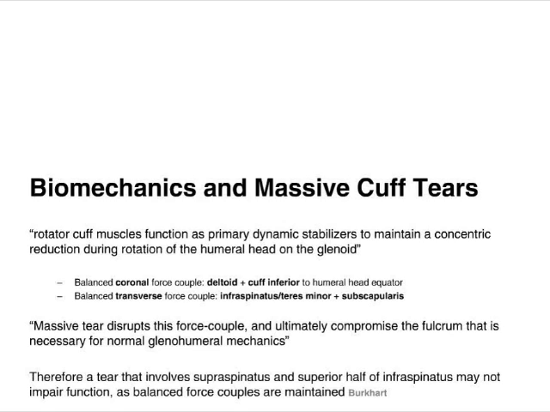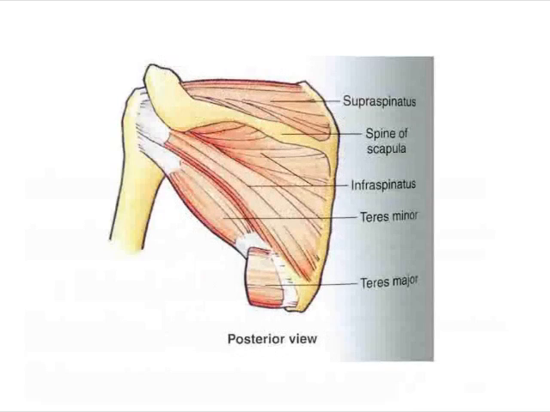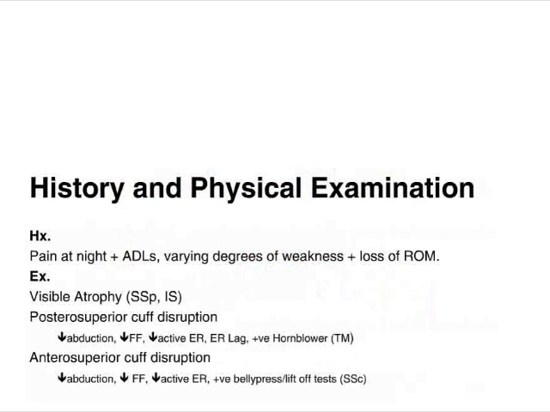Looking at history and examination, patients classically give a history with massive cuff tears. They do actually get pain at night, as well as impairment and pain during ADLs, with varying degrees of weakness and loss of range of motion. On examination, there may be visible atrophy, particularly of supraspinatus and infraspinatus.